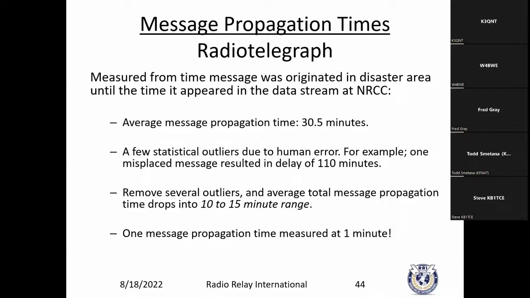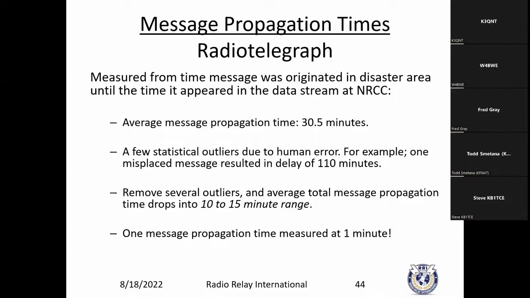Propagation times. The average message propagation time for the combined process, for CW, was 30.5 minutes. However, this value was skewed upward due to what we identified as a couple of human errors.